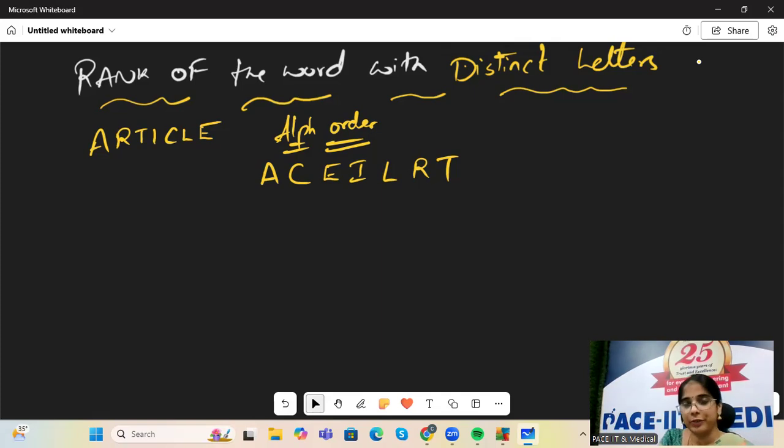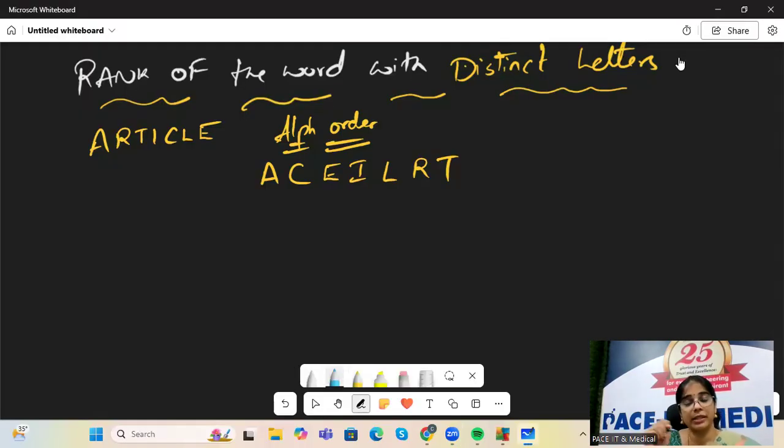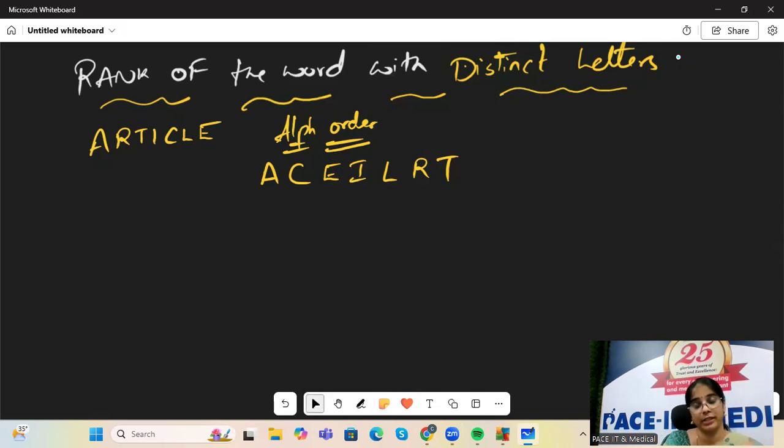So this is the alphabetical order in which the given word is arranged, right? That's my first step. Now, in this class, we are going to do two methods for this. First method, which is very much essential for your IP board exams, and the other method, which is very, very helpful, the shortcut method for your objective type, right?